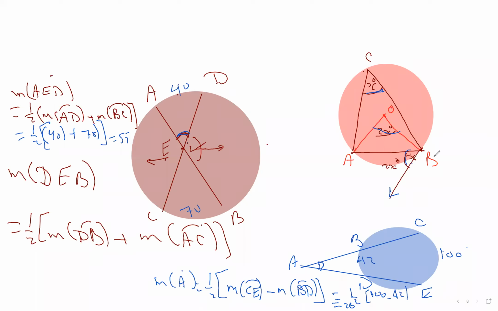For example, if this arc is 80, then this angle is 80, and this angle is 40, and this angle is 40.